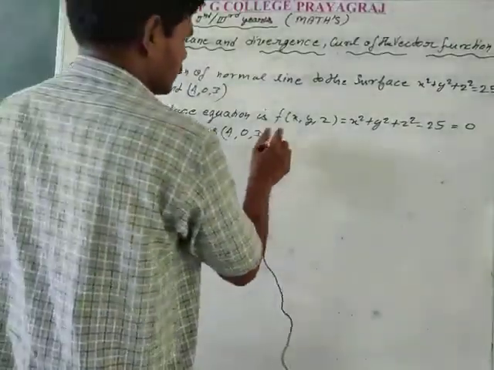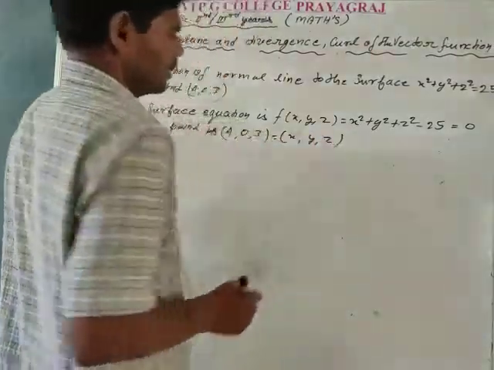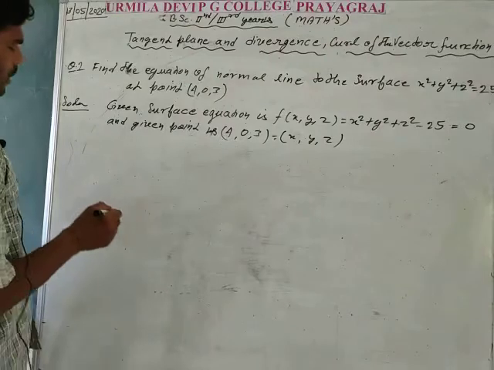So here we directly use the formula of the equation of the normal line at the given point. Here you can write the point x, y, z, and use directly the formula of the equation of the normal line.